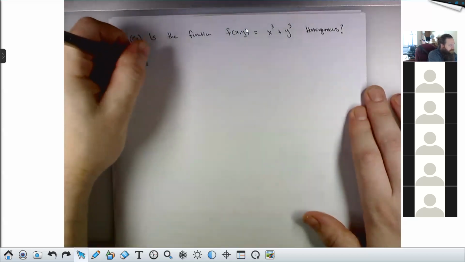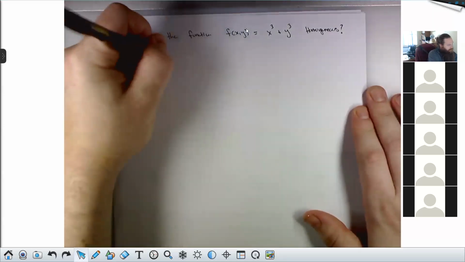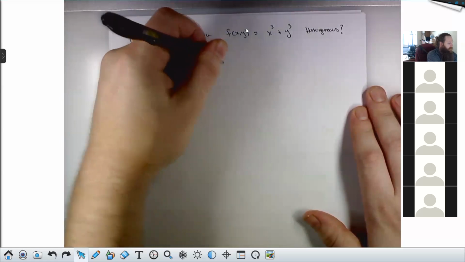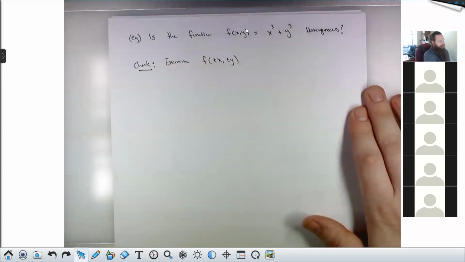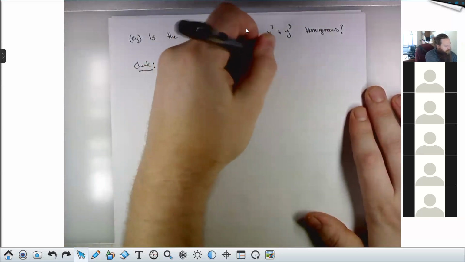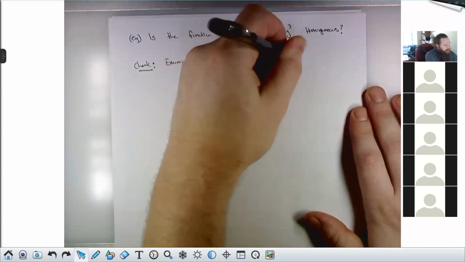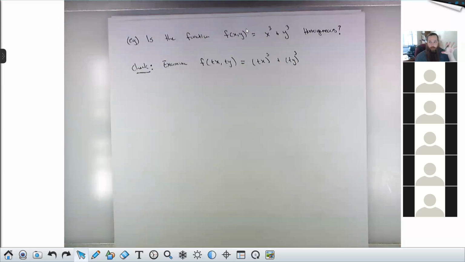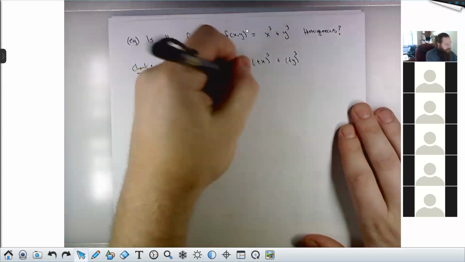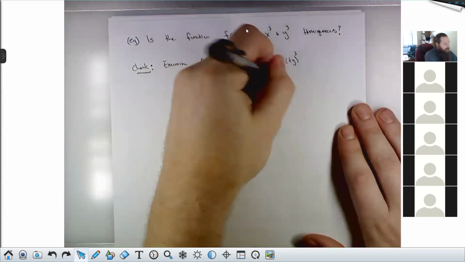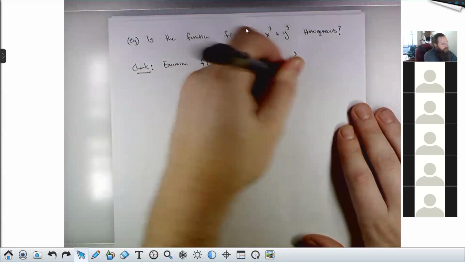So to check, we examine f of tx, ty, which in this case would be (tx) cubed plus (ty) cubed. And then we want to see if this is equal to some power of t times the original function. So this is t cubed x cubed plus t cubed y cubed.